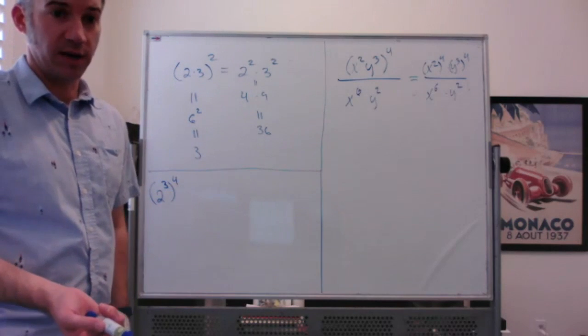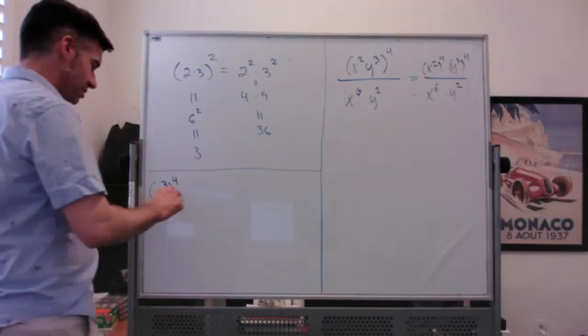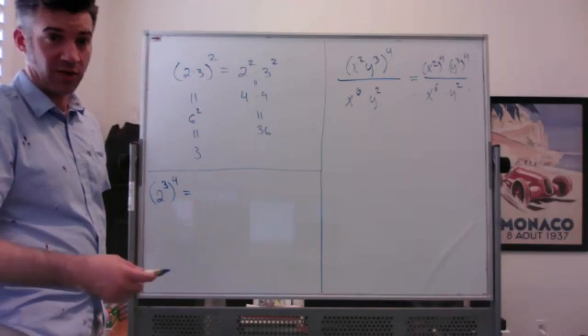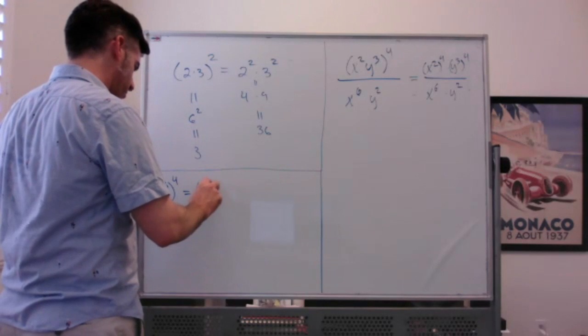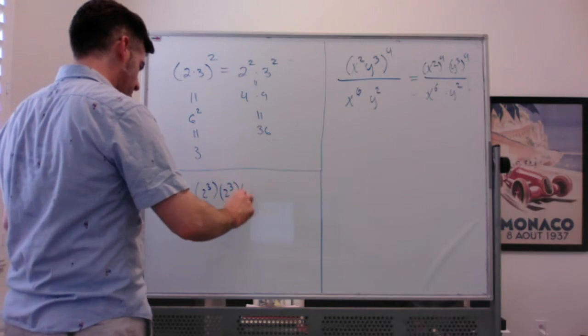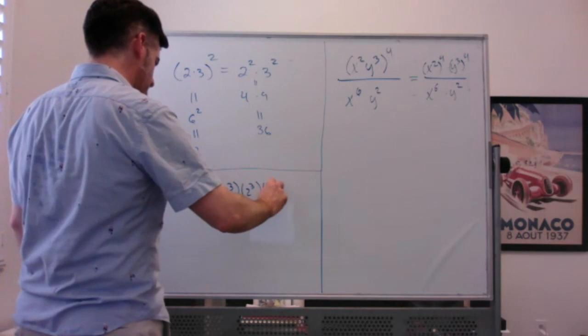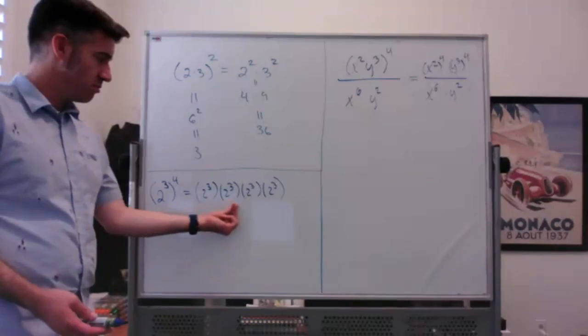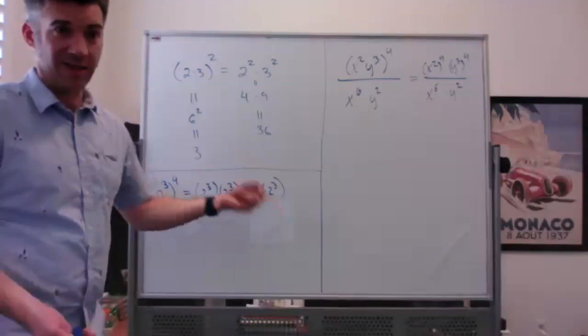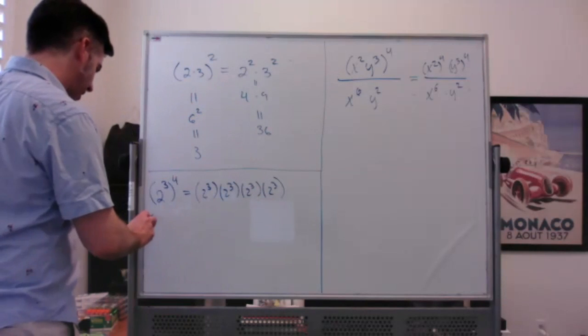How many 2's are we multiplying together? Well, 2 to the third to the fourth means 2 to the third times 2 to the third times 2 to the third times 2 to the third. Right, that's 2 to the third raised to the fourth power. But then we know what 2 to the third is. It's 2 times 2 times 2. So I've got a lot of 2's.